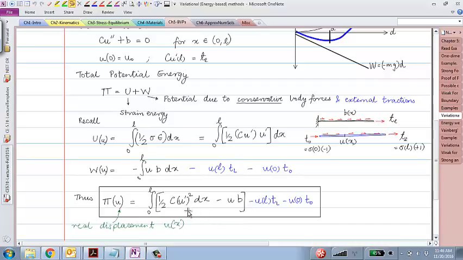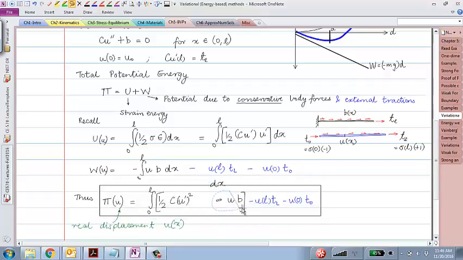I think this dx actually should be out here in your handouts. You can change that. This dx should be out here. The body force term should also be within the integral, and minus ul tl minus u0 t0.